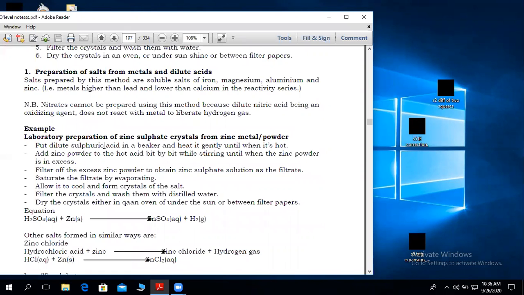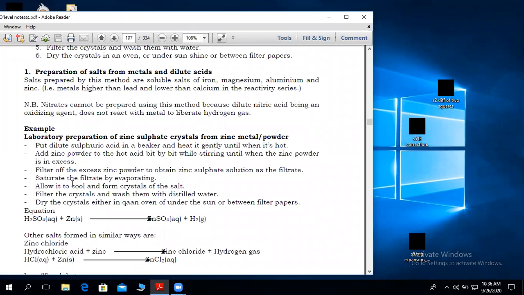Then, first pour sulfuric acid, then you add zinc powder to the hot acid little by little while stirring until it cannot dissolve anymore, and that is excess. Then you filter off the excess zinc, and you remain with the filtrate. Then you saturate the filtrate by evaporation or heating in an evaporating dish, and then allow it to cool.